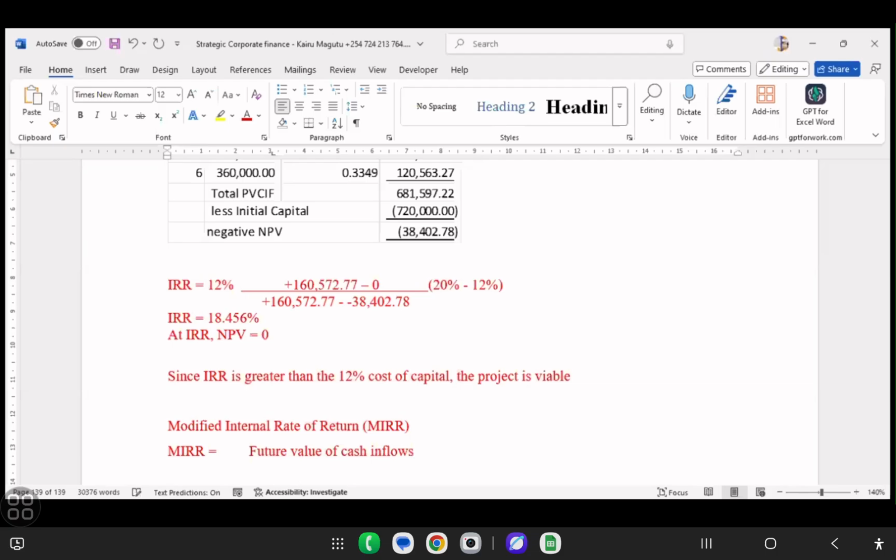We divide by the present value or initial capital. Let me use the word initial capital. That is the nth root. Whatever we get, we minus 1.